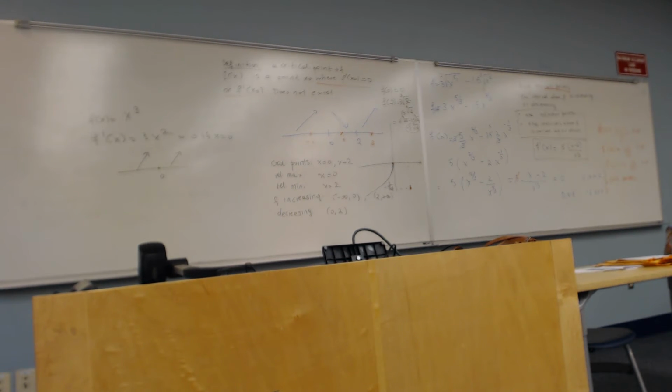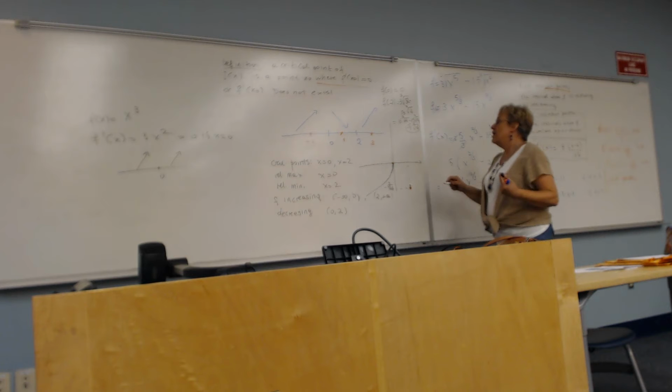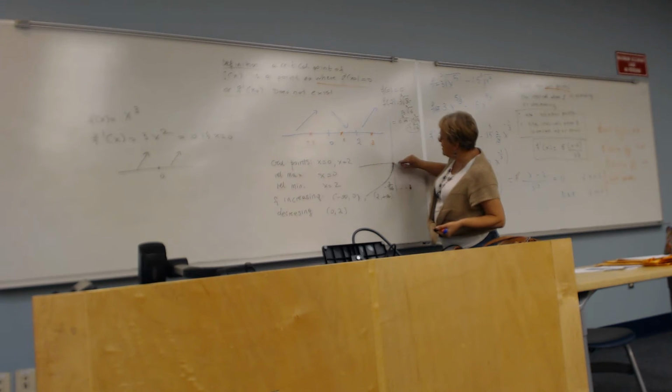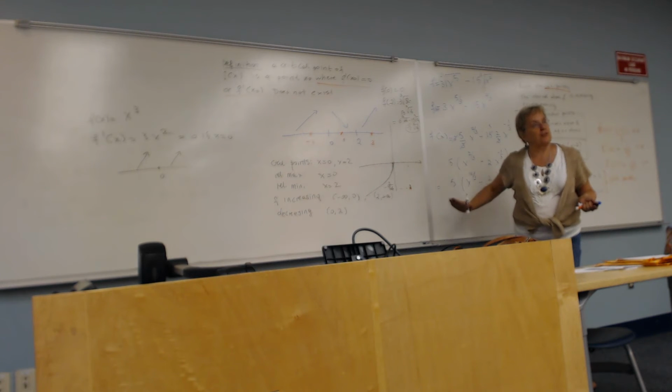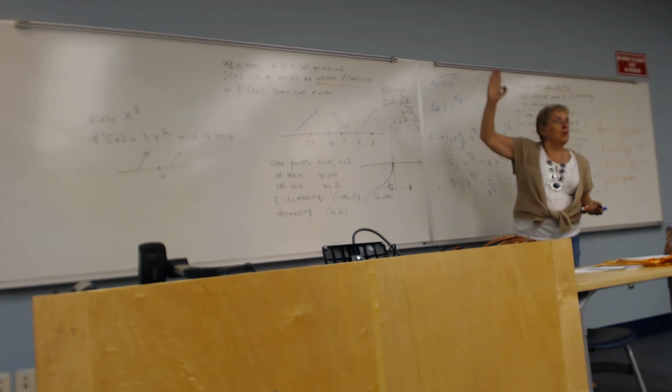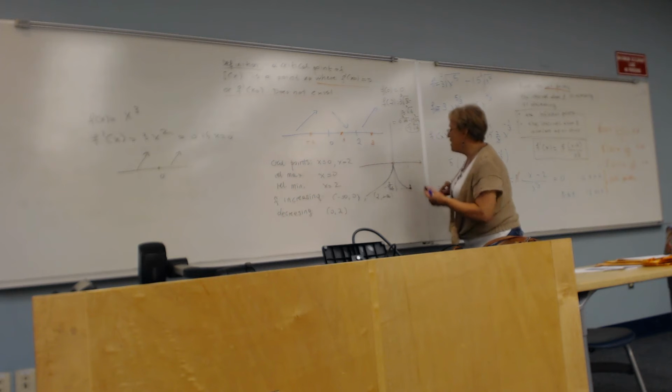When it gets to 0, the tangent line is vertical. So the function looks like this, and on the other side, same story: when it approaches 0 from the other side, again it becomes vertical. So near 0, the function looks like that, right?